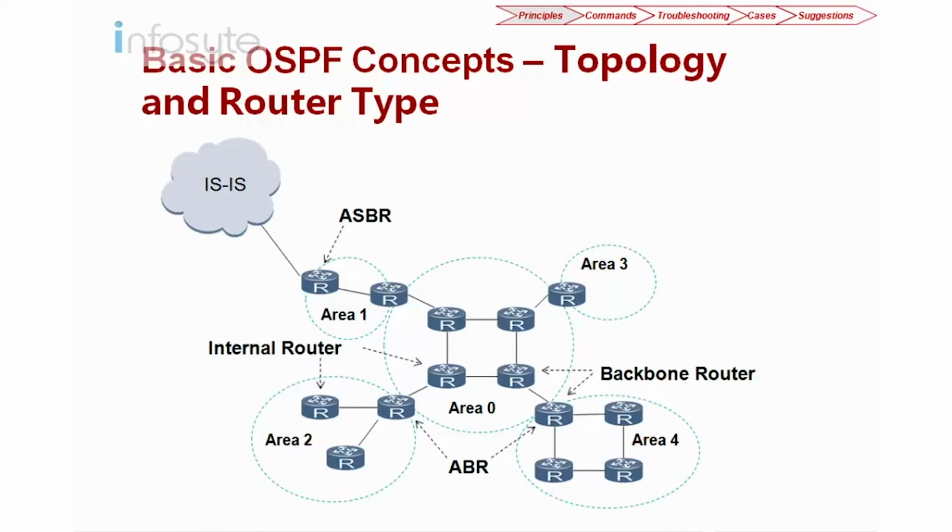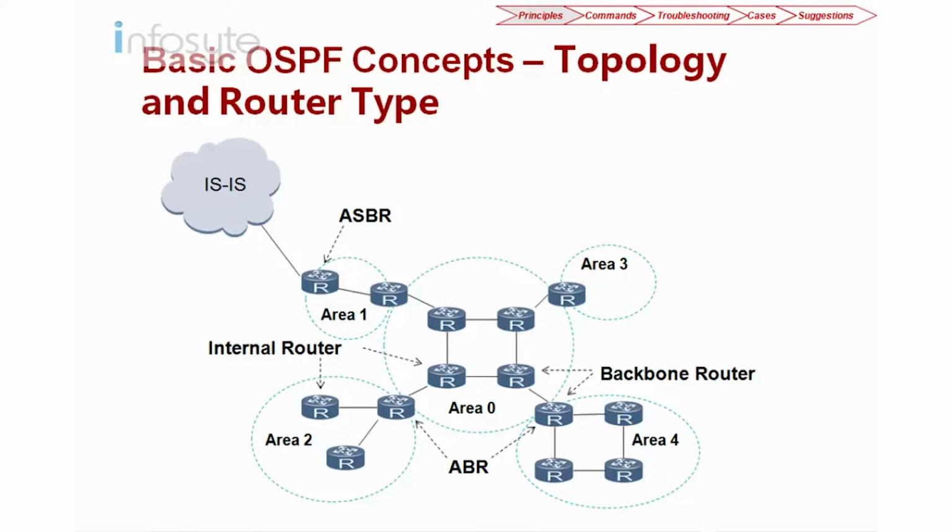Any router that connects to another routing protocol, like in this example connecting to IS-IS, we call an ASBR, the AS boundary router. In this case, which routers can be the ASBR?